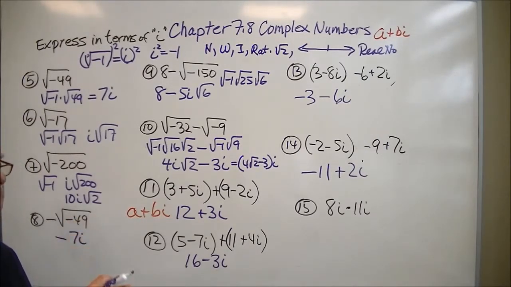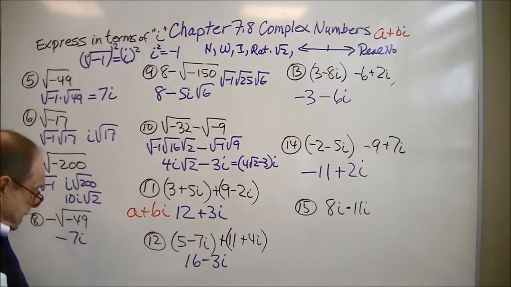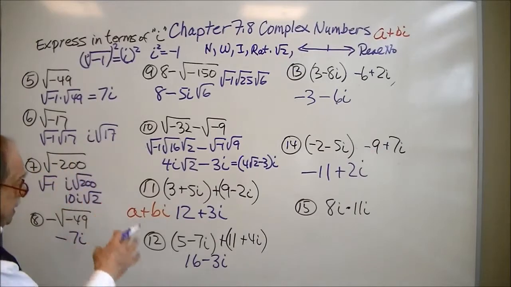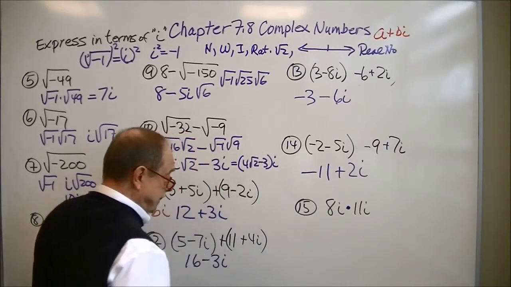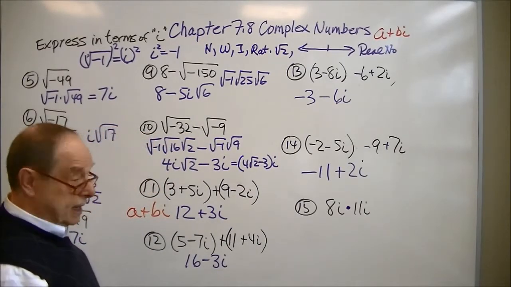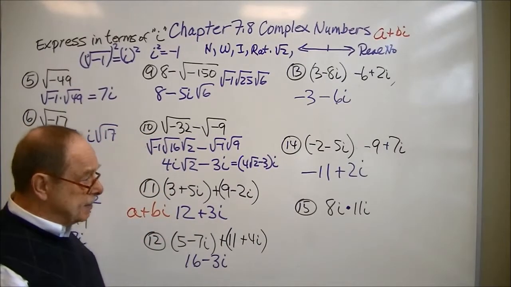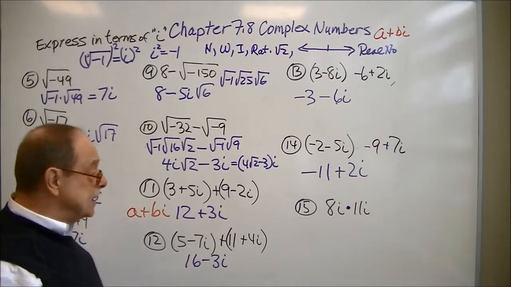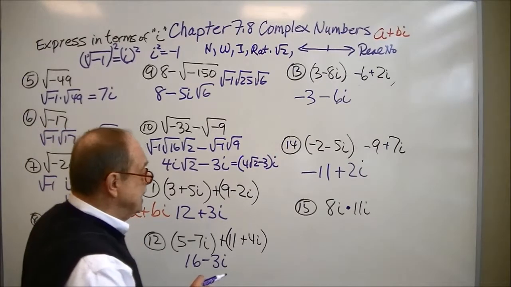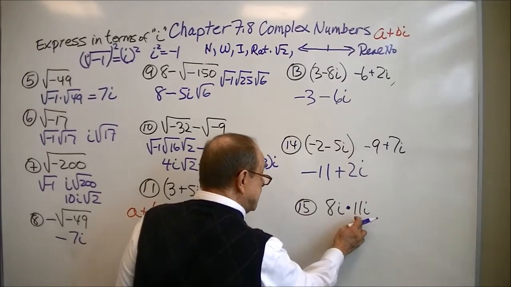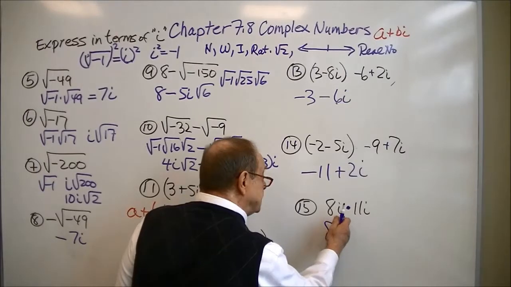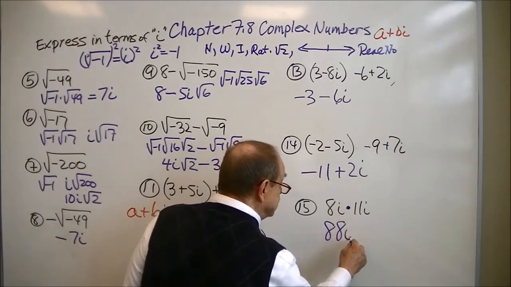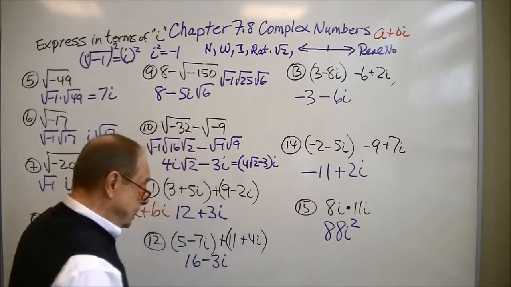Now I probably should have waited to the next sequence, but I put number 15 up there. And you might say, how is 15 different from the others? Well, here we're asked to multiply. And again, the rules are just the same, except for one little thing that I'll tell you about in a moment. So 8 times 11 is 88. i times i now is i squared.